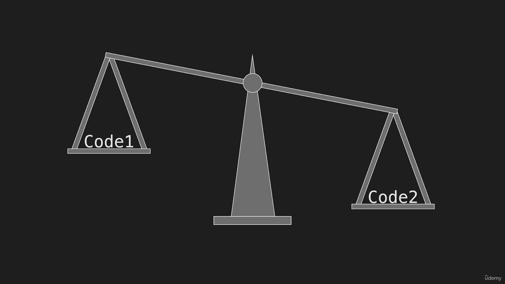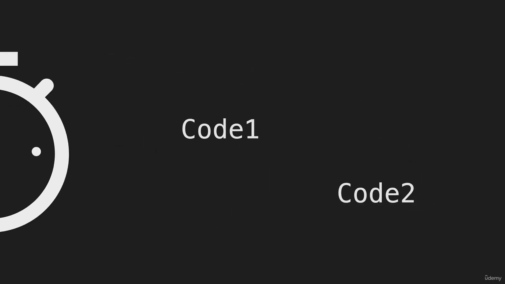Big O is a way to mathematically figure out which of these two is better, which one runs more efficiently. Obviously we can't measure this with a scale, so I'm going to bring in a stopwatch to make the point. Let's say we run code 1, and when we run it, we start a stopwatch, and it runs for 15 seconds.